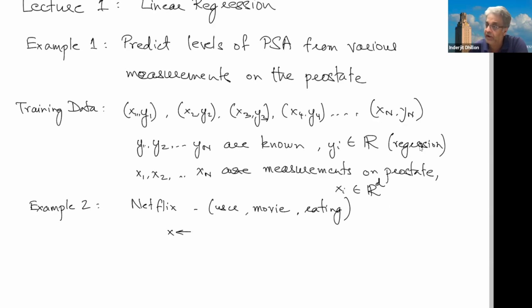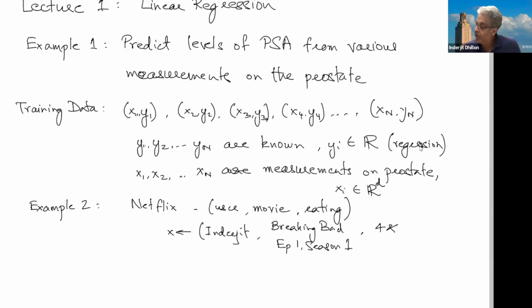For example, X could be me, Indrajit, with maybe features that are available to the prediction algorithm about me, and the movie or show might be Breaking Bad, episode 1 of season 1. I actually ended up not knowing about this show, surprisingly, till COVID.